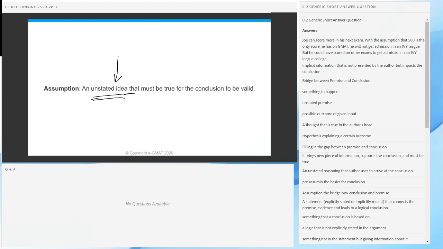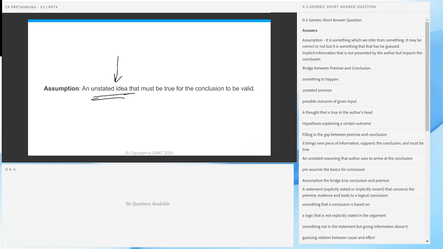An assumption is a mutually exclusive term, mutually exclusive from an inference. So assumption and inference, though they may sound very similar, are non-overlapping sets. Now, it's an unstated idea that satisfies this one condition, which is the must be true condition for that conclusion to be valid.